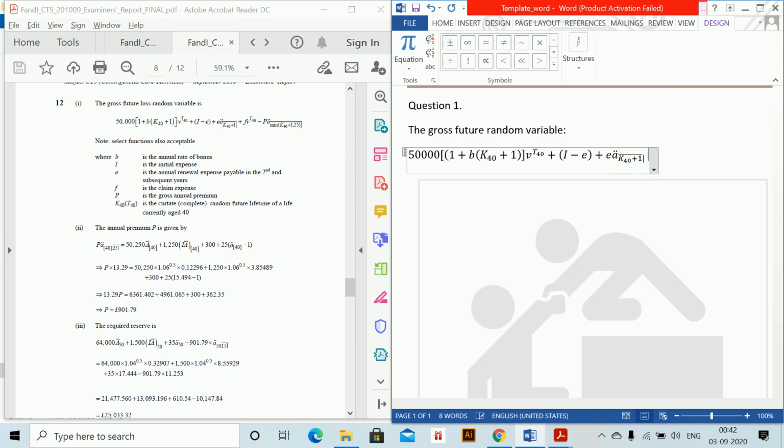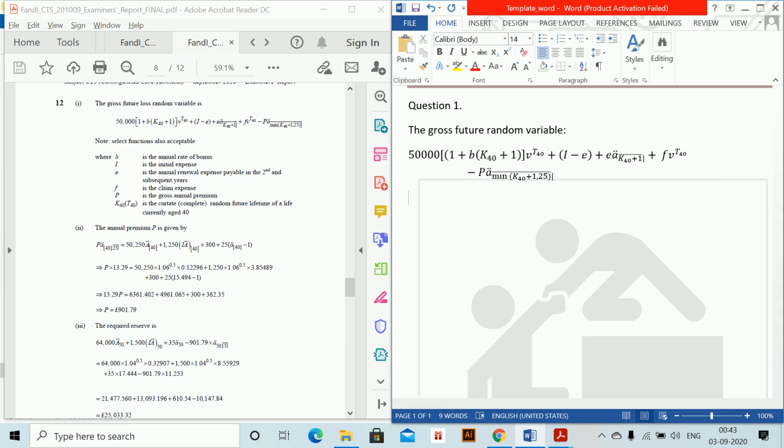K40 plus 1 plus F v to the power T_40, and minus P ä minimum of K40 plus 1, 25. I won't write this again: Control C, and this is minus P, Control V, ä minimum of K40 plus 1 comma 25. Okay, so this is our gross future random variable.